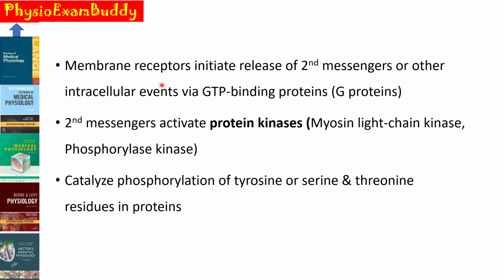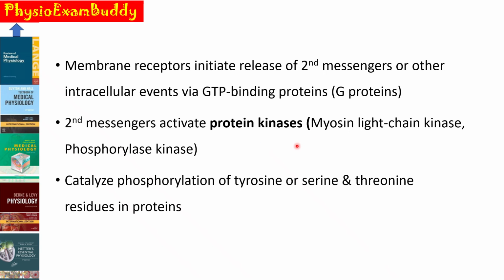Once the membrane receptor is bound by the extracellular ligand, that is the first messenger, it will initiate the release of second messengers or other intracellular events within the cell. This is with the help of a GTP binding protein, basically the G proteins. These second messengers will activate the protein kinases, which are enzymes present in the cell.